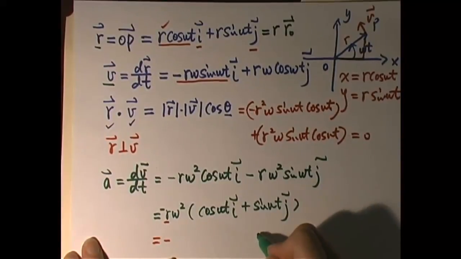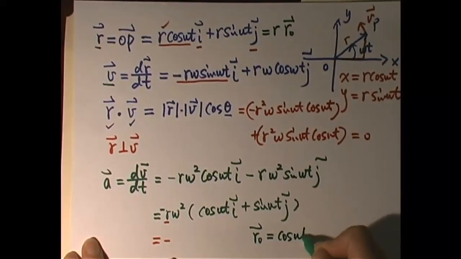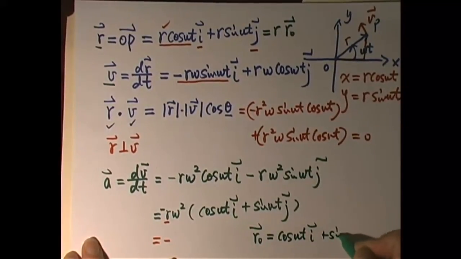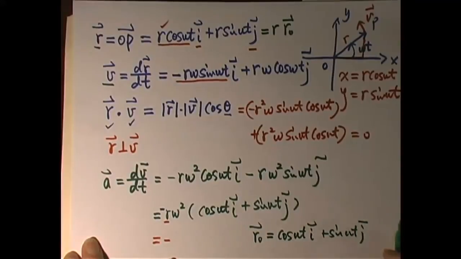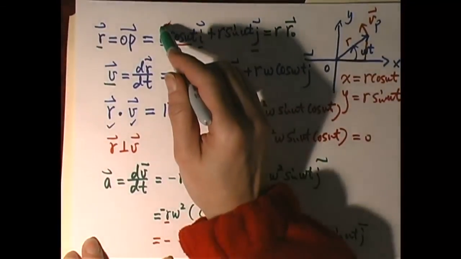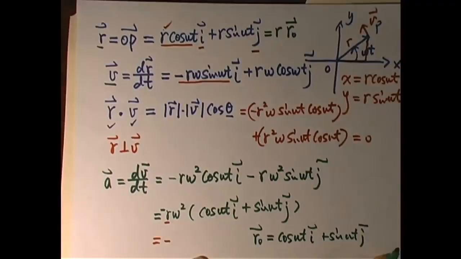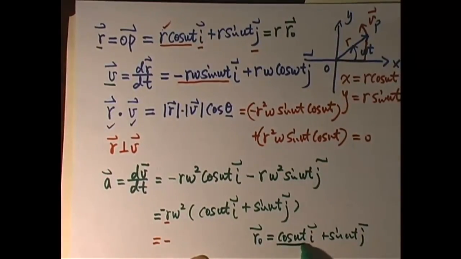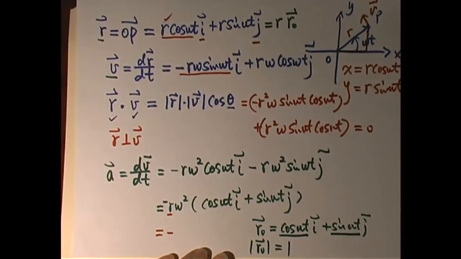For example, r naught is cosine omega t i plus sine omega t j, because I pulled this r out. When you want the magnitude, it's the square root of x squared plus y squared. Square root of cosine squared plus sine squared is 1. So r naught is a unit vector. Its magnitude equals 1. It represents a unit vector along the radius r direction.